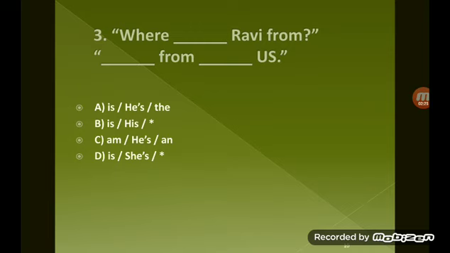C, am, he's, an. And D is, she's, no word. And the correct answer is, where is Ravi from? He's from the US.